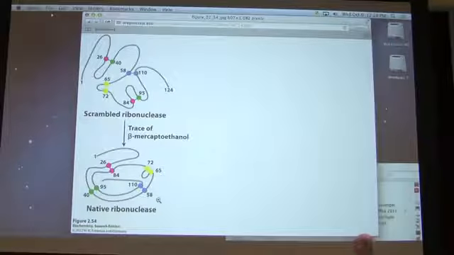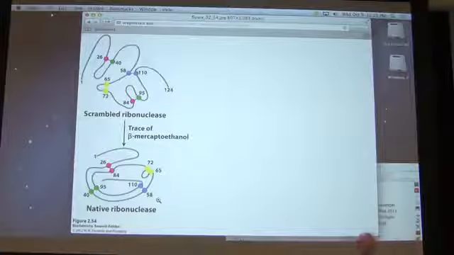But what if you get the situation like you see on the screen, where you have a red with a green instead of a red with a red? Once a red forms with a green, this guy is never going to be active. But if I have a little bit of mercaptoethanol in there, guess what happens? It allows that to come apart and gives it another chance to fold properly. And that is the answer to the question. Right? That's what happens, basically. That's very cool. Very, very cool.